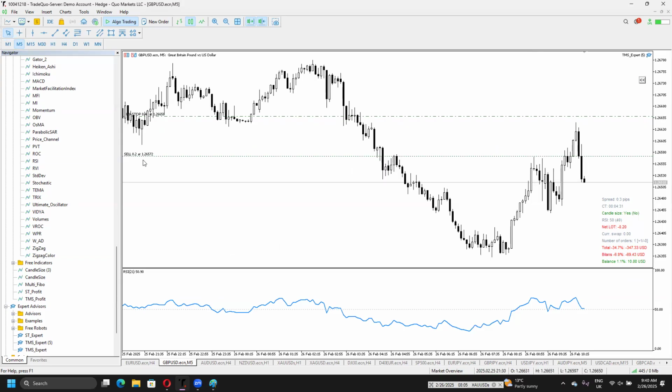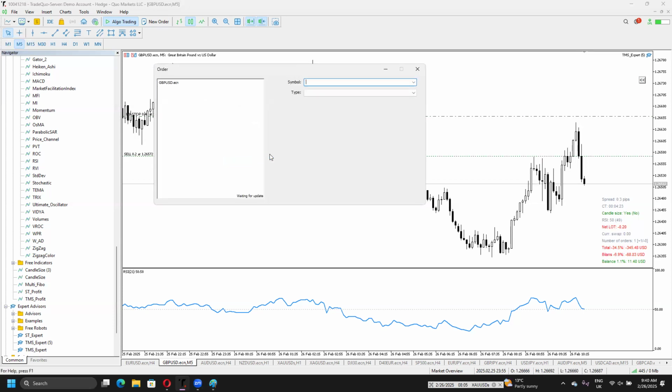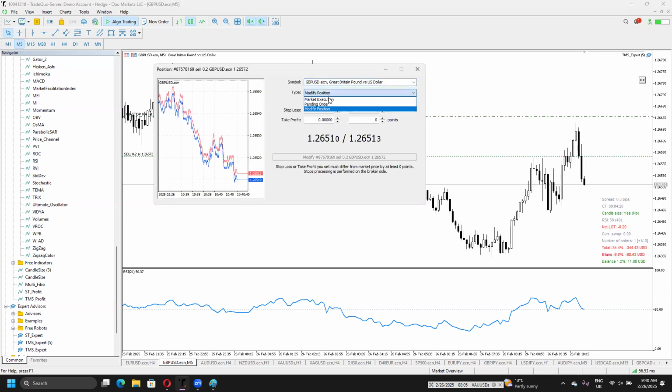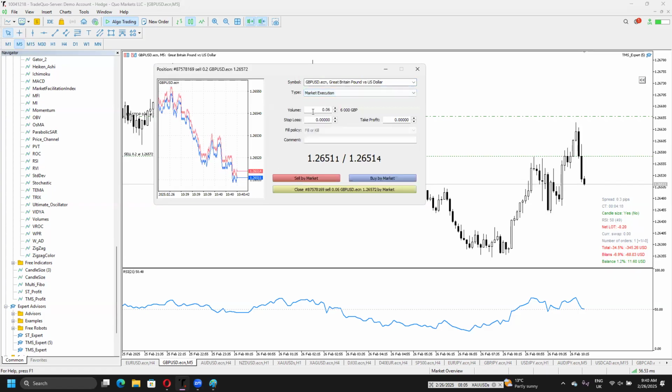We close half of our position by using the right button of the mouse, clicking on your order, modify it, change the type to market execution, and use the volume you'd like to close, which you can put in from your keyboard.